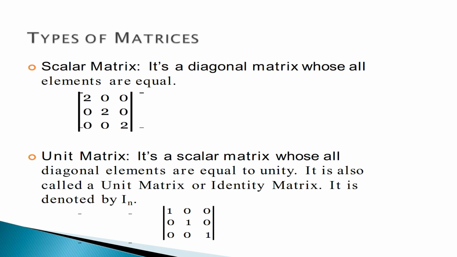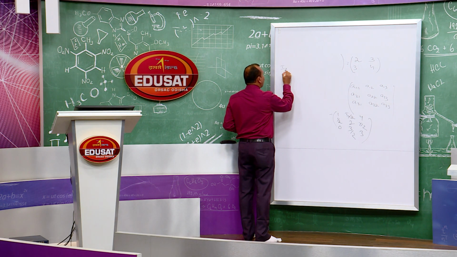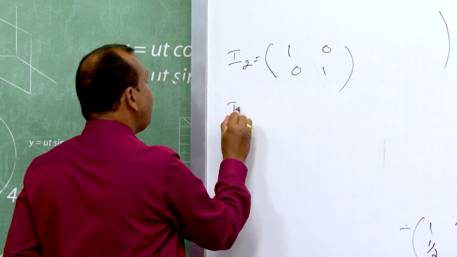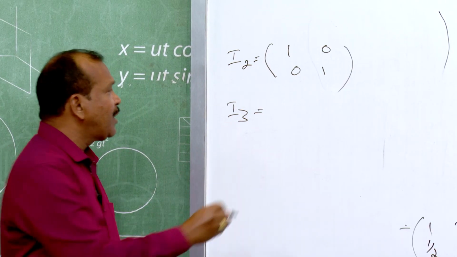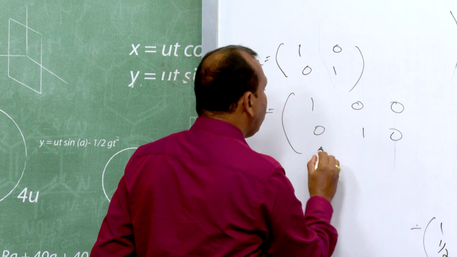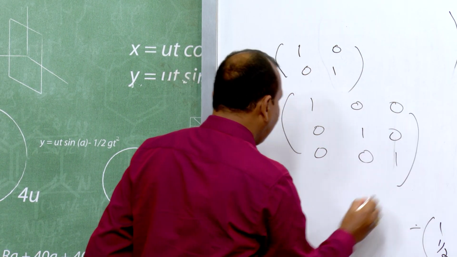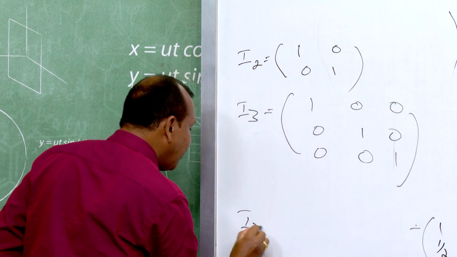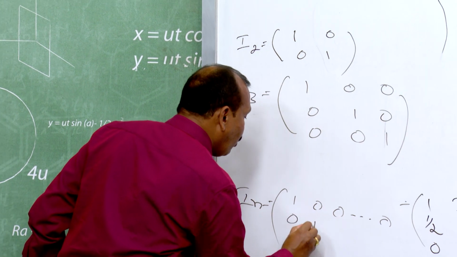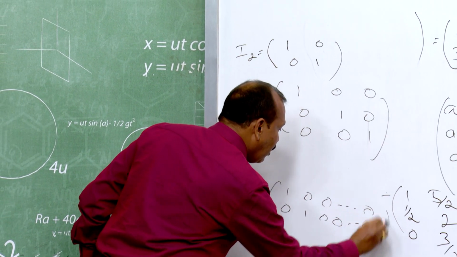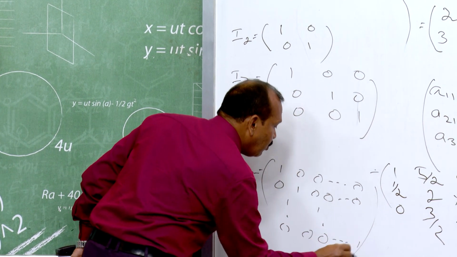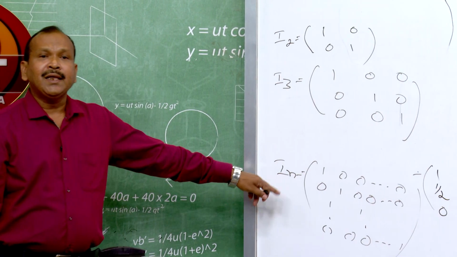I2 is 1, 0, 0, 1. I3, the unit matrix of order 3, is 1, 0, 0, 0, 1, 0, 0, 0, 1. Similarly, In is 1, 0, 0 up to 0, 0, 1, 0, 0 up to 0, dot dot dot, 0, 0, 0 up to 1. This is the nth order unit matrix.